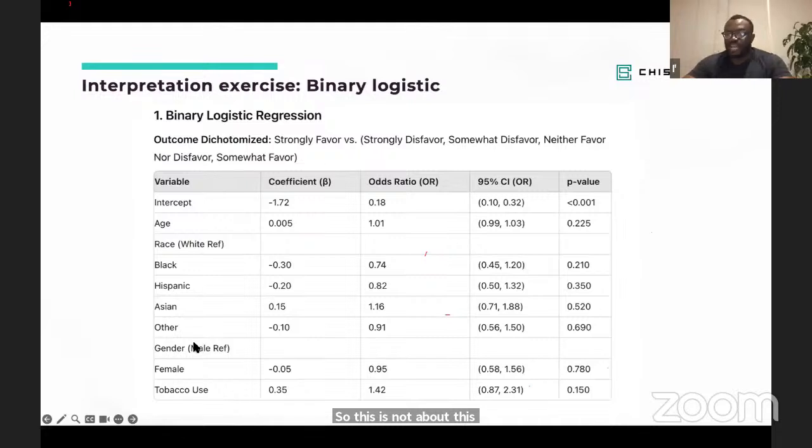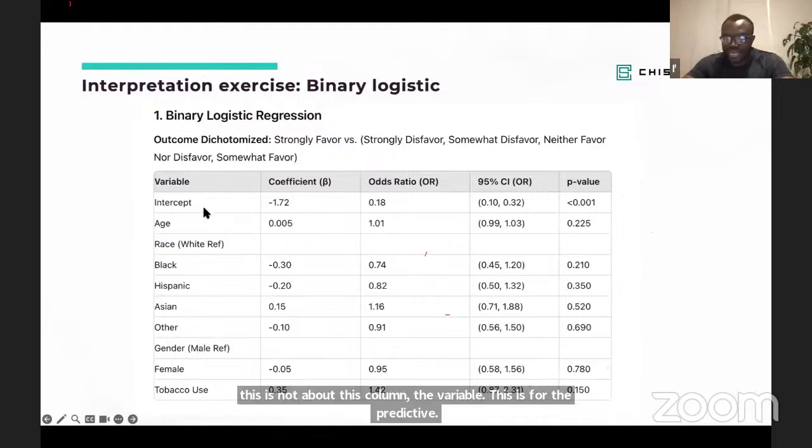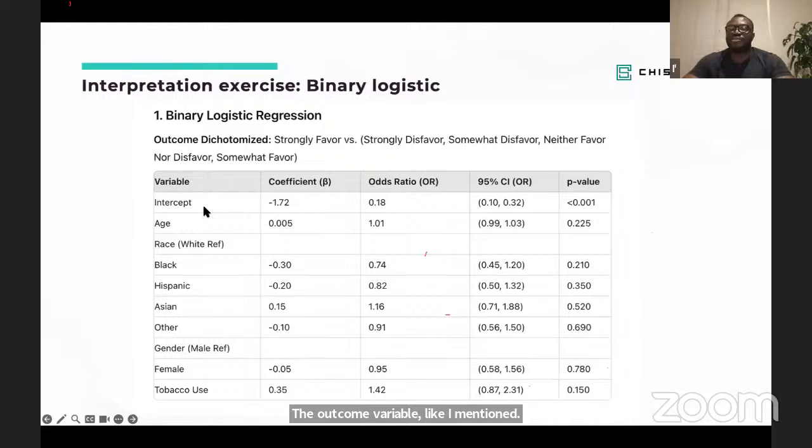The outcome variable, like we mentioned, does not appear in the table. Why? Because it is the outcome. Now, a very important value here is the intercept. The intercept means the odds of the outcome when everything is at the level of the reference group.